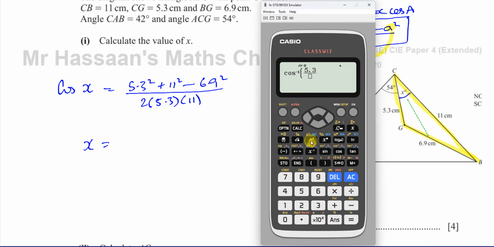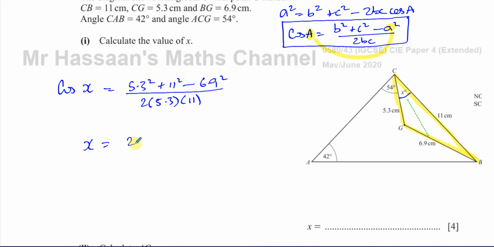So 5.3 squared plus 11 squared minus 6.9 squared, over 2 times 5.3 times 11. Close the bracket, press equals, and you end up with 29.503. I'm going to round it to 3 significant figures, so 29.5, and that is in degrees.